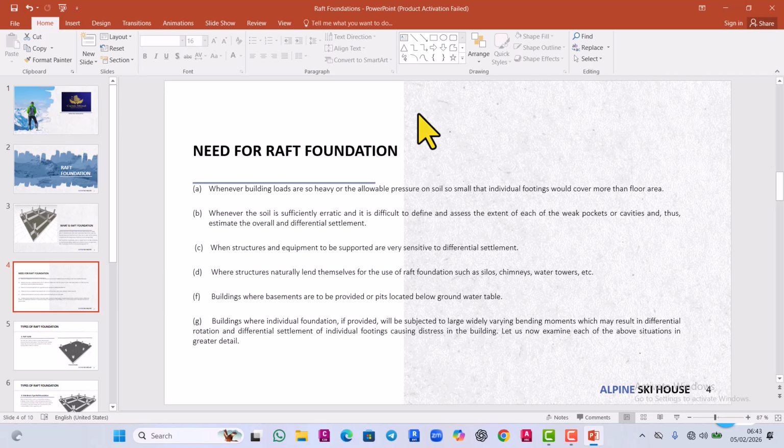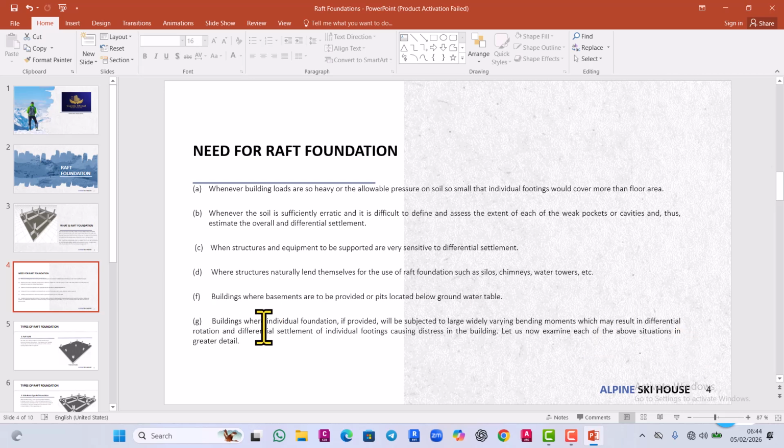And D says where structures naturally need the use of raft foundations, such as silos, chimneys, and water towers. These ones are just natural. Whether your soil is good or bad, you just need to use raft foundation for them. You also need it where you need your basement.